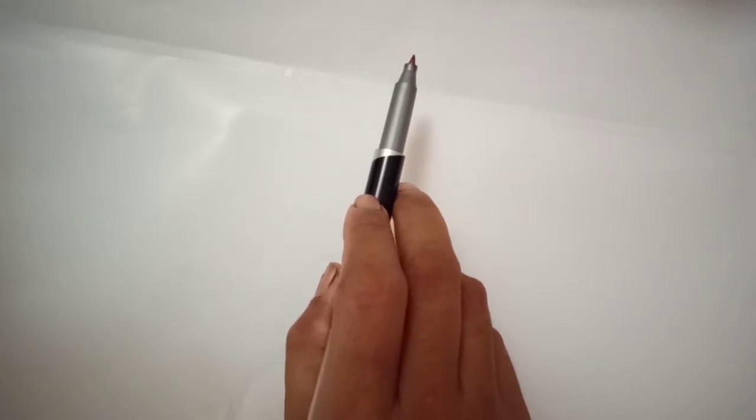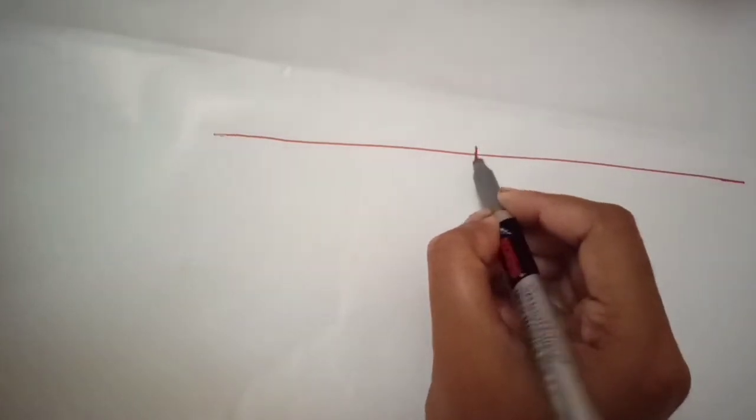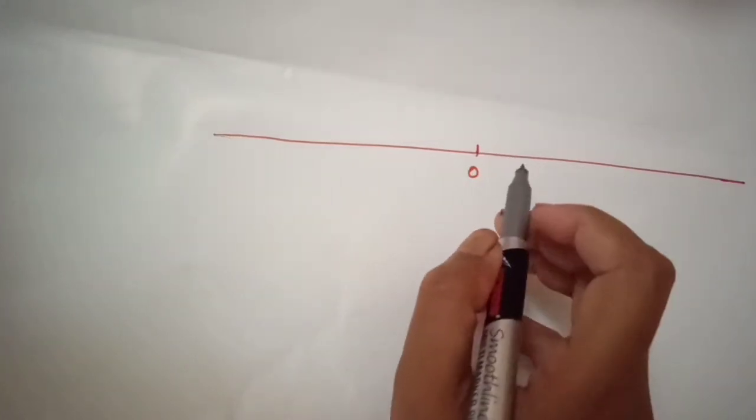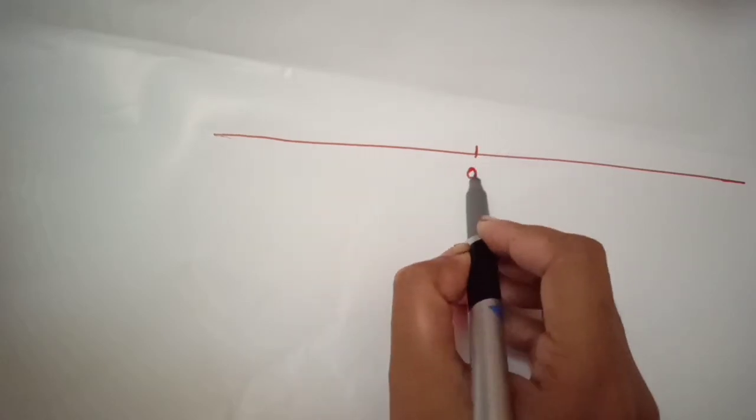At first, mathematicians thought of numbers as geometric objects. What did they do? They took a horizontal line. This is the point O, which is 0.